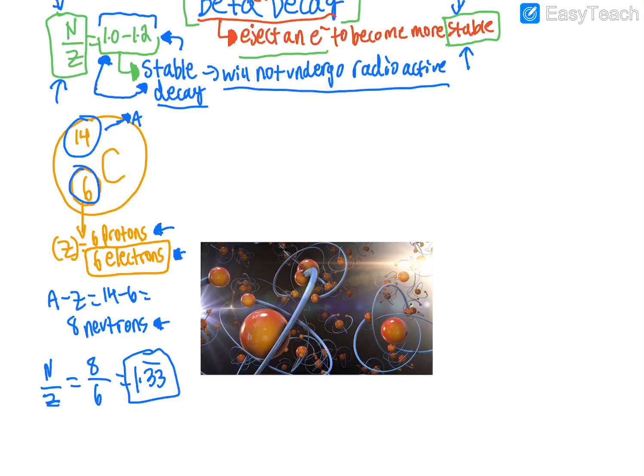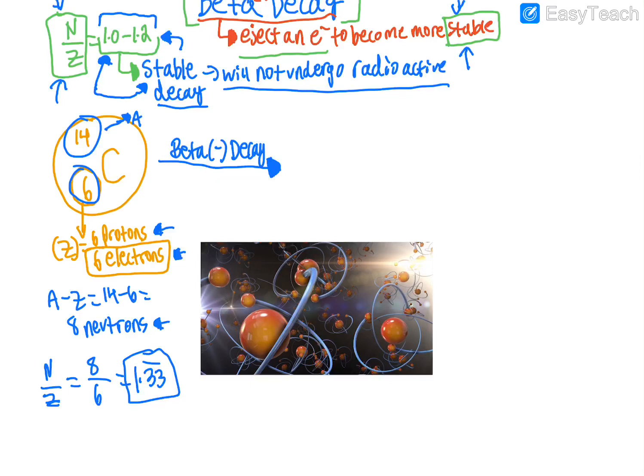Carbon 14 will undergo beta negative decay. What happens in beta negative decay, as we said above, is that the nucleus of that atom is going to eject an electron. To be more specific, a neutron in the nucleus will eject an electron.